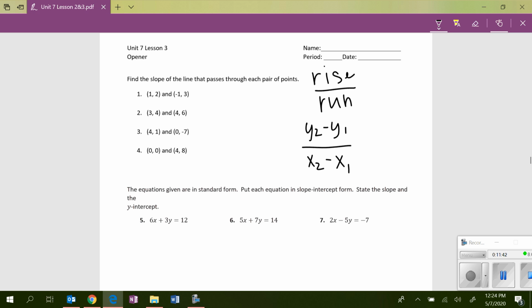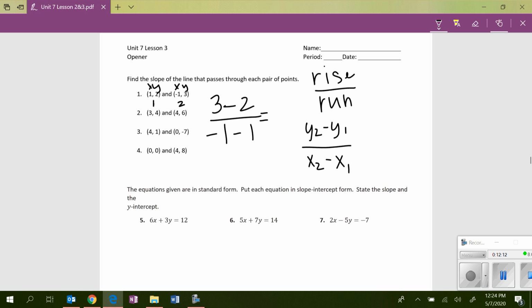So in an ordered pair, you've got x and y, and you just choose which one is your first one and which one is your second one. So we're going to do the first one. I need to take my y2, so 3, minus y1, which is 2, divided by x2, which was negative 1, minus x1, which is 1.